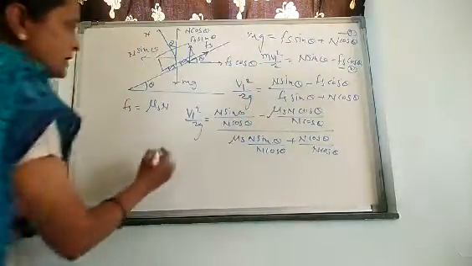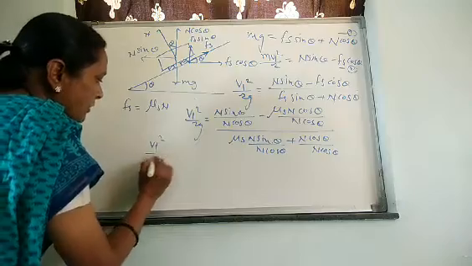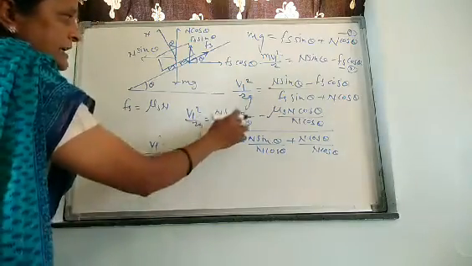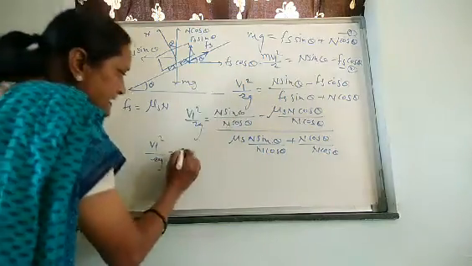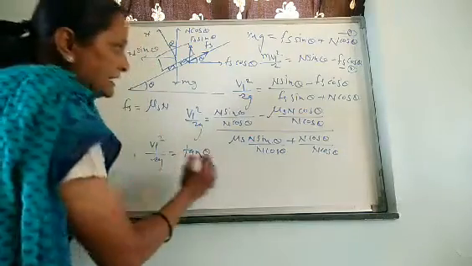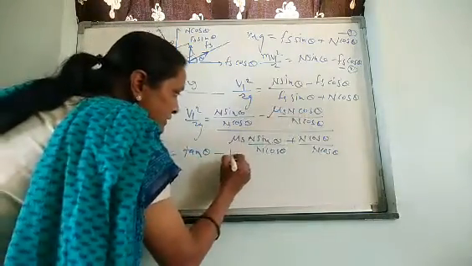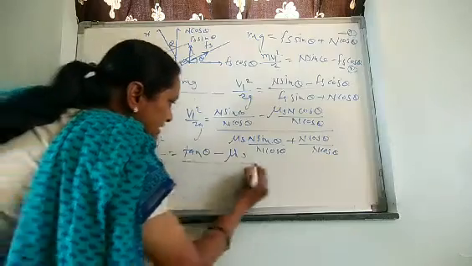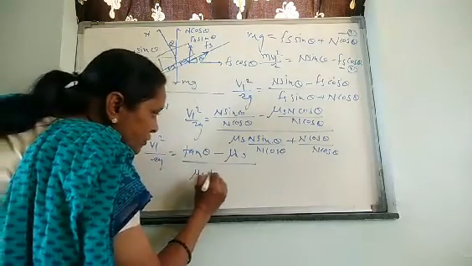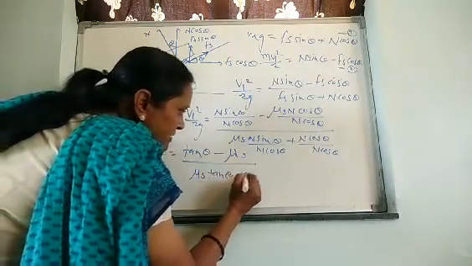Here you get v1 square upon rg is equal to, N cancels, sine theta upon cos theta, that is tan theta, minus mu s, upon mu s into tan theta plus 1.